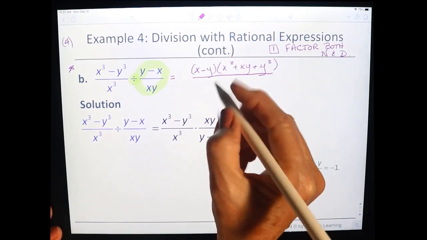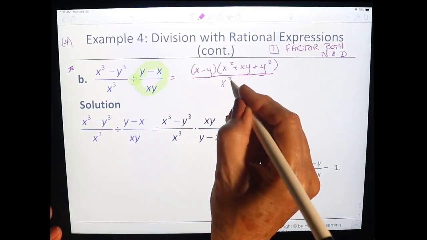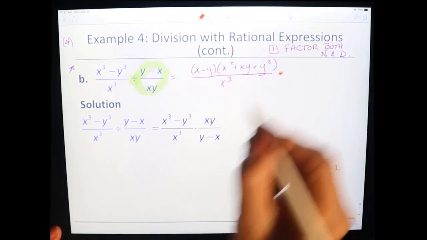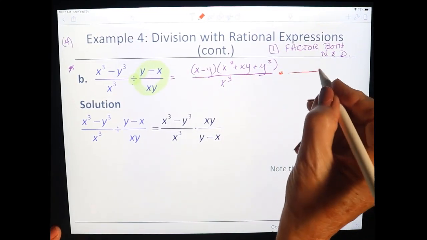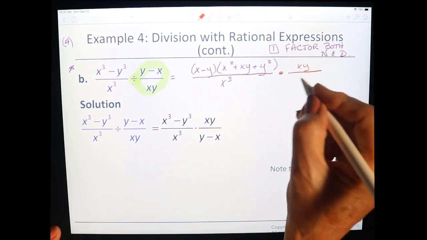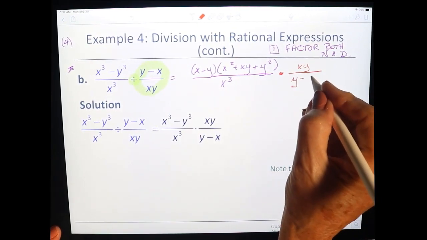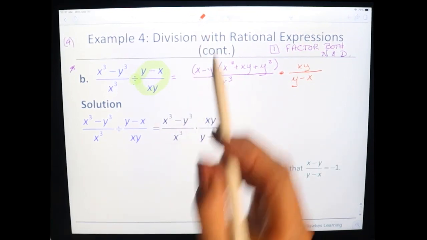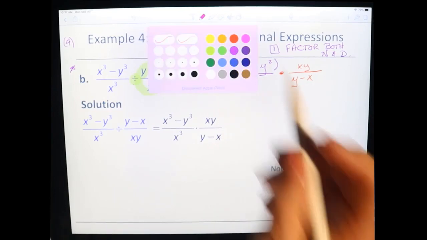I'm just going to write it down. Let me change color so you can see what I'm doing. I'm going now to a times operation, and I'm flipping, or going for the reciprocal of the second fraction. All of that was already down here, but I wanted to talk my way through that.